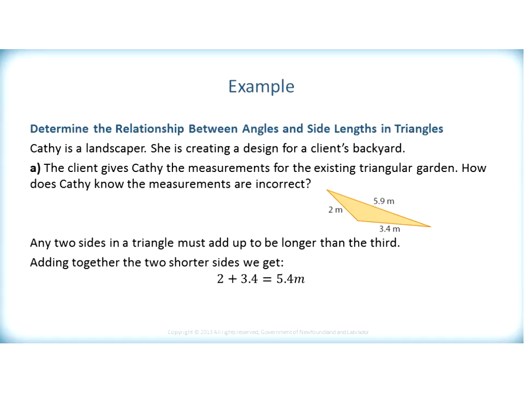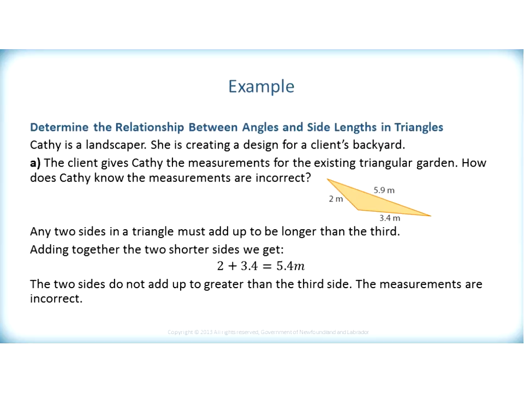But you'll notice that the longest side in this triangle, as it's described in the picture, is 5.9 meters. So 5.4 being less than 5.9, there is no possible way to properly create this triangle. As a result, the measurements are incorrect.